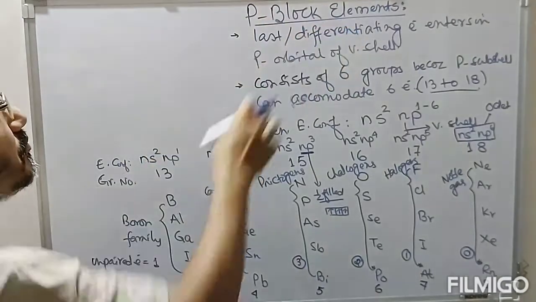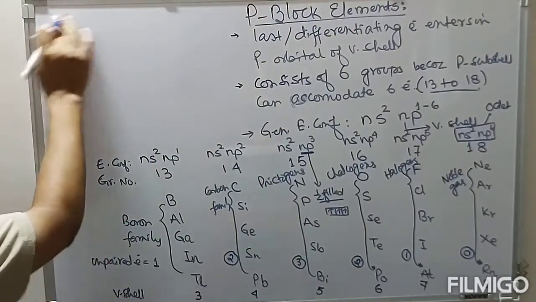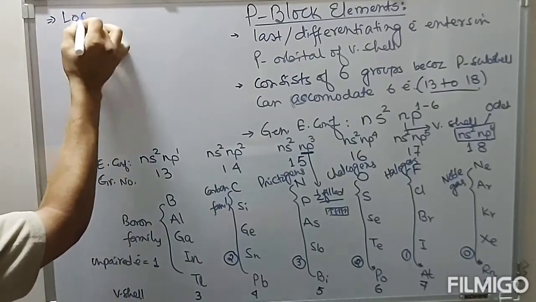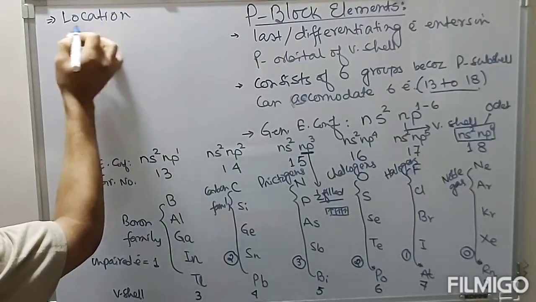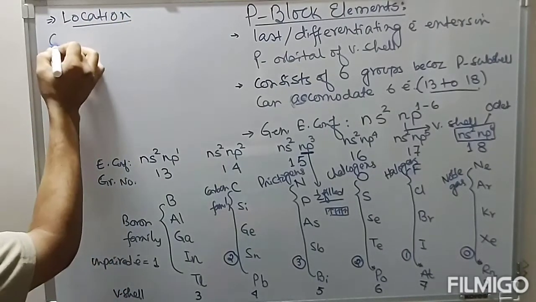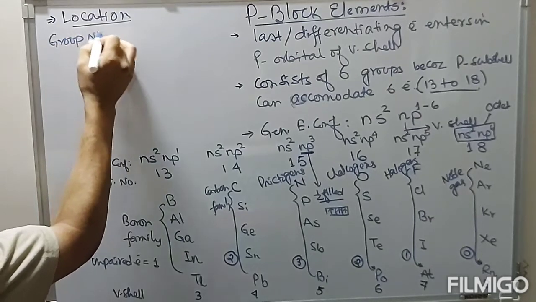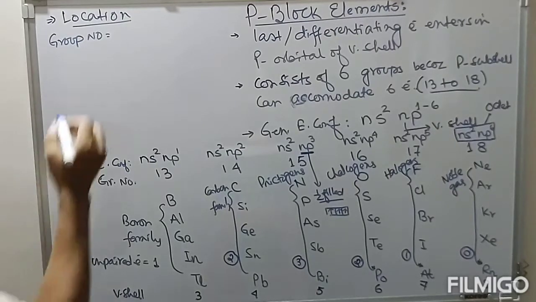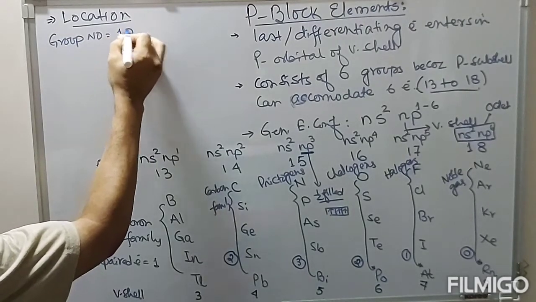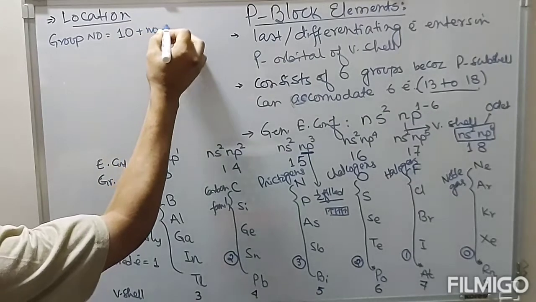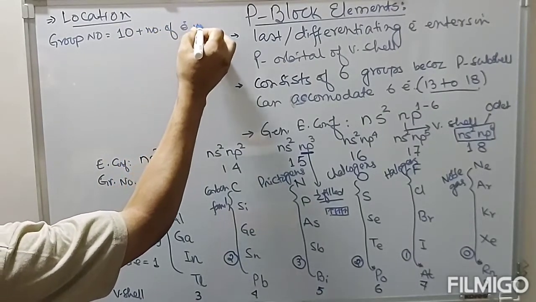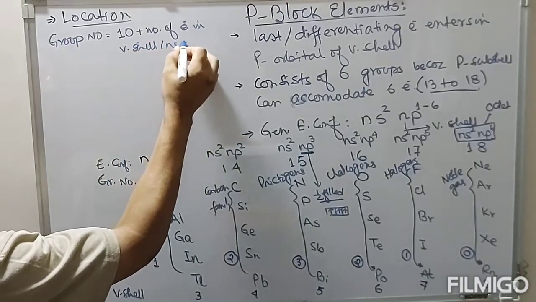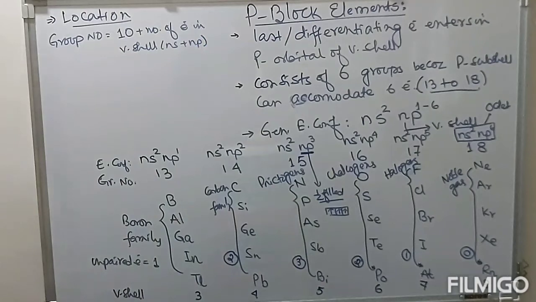Now for these p block elements, let's try to define the group number and period number, that is, the location of these p block elements. Let's define the group number. Group number of a p block element is equal to 10 plus the number of electrons in the valency shell, that is ns plus np electrons.